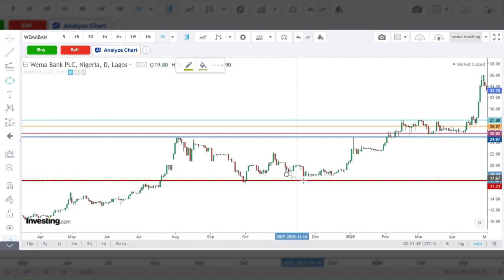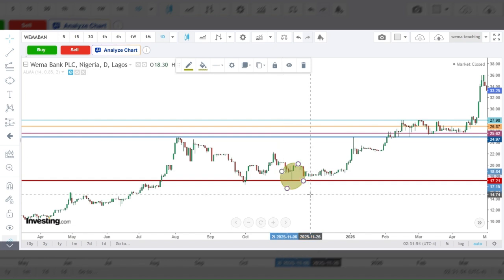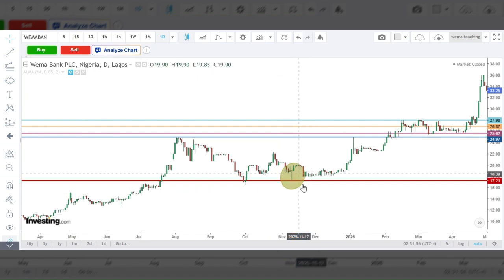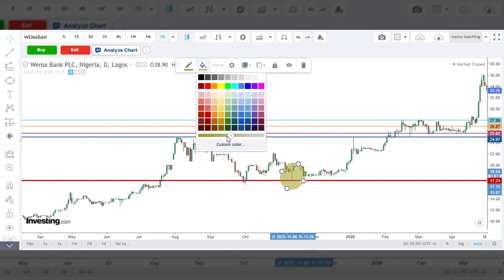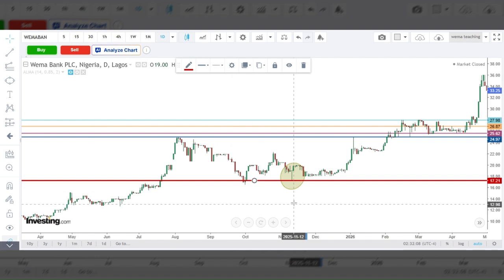Okay, so this is what I'm talking about. You can see this whole place here. This is a doji candlestick pattern, and it's aligning with the support.